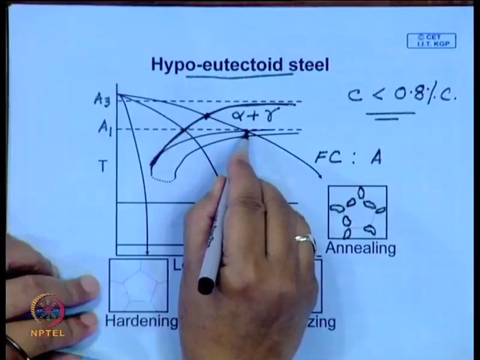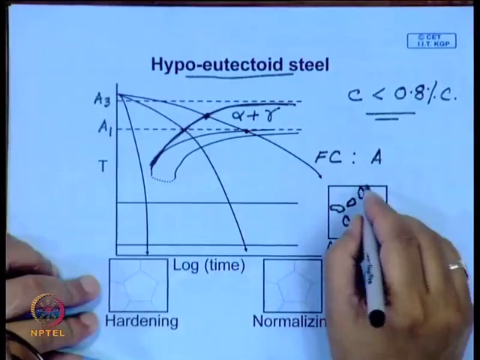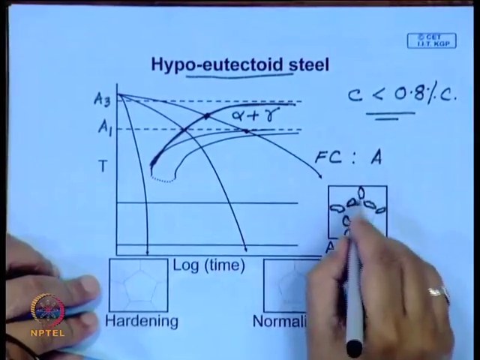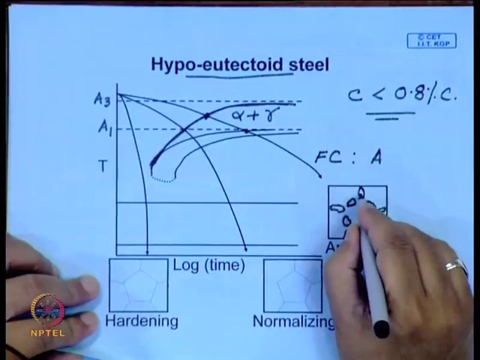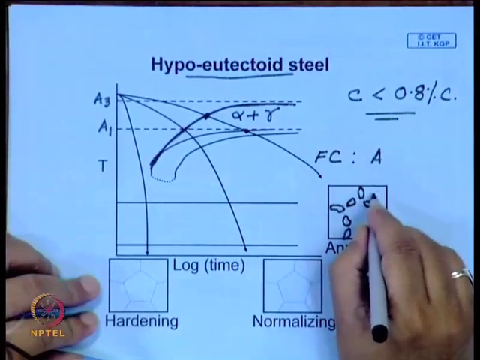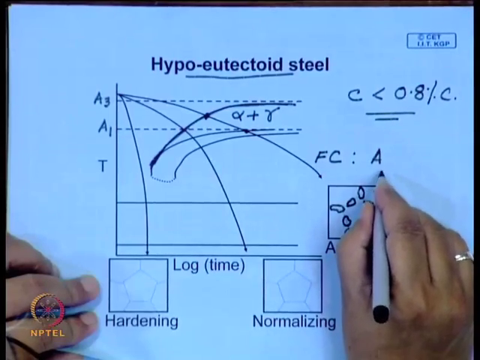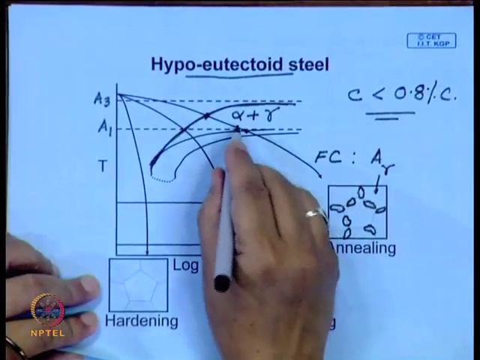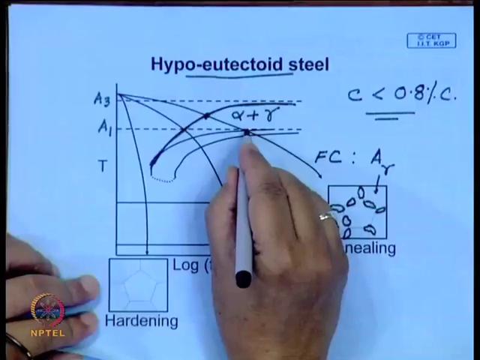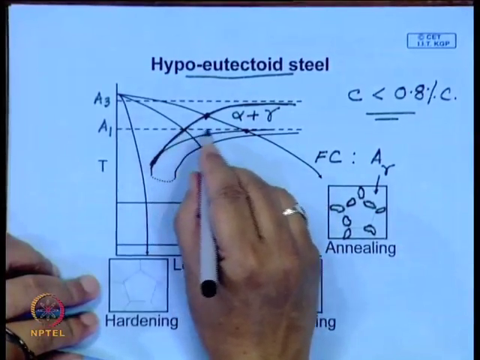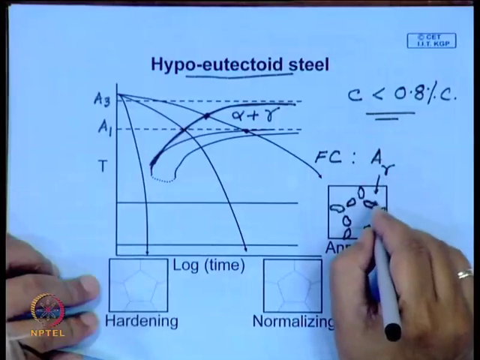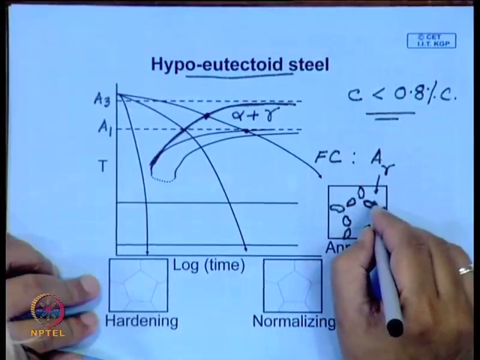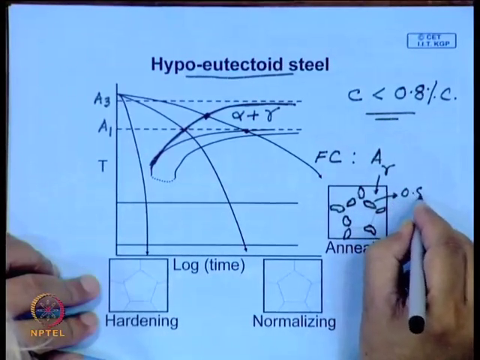And remember, when this process of precipitation of ferrite continues, the composition of austenite will keep changing, and when it reaches this point, say goes below the eutectoid temperature, the composition of austenite around this will be close to 0.8% carbon.